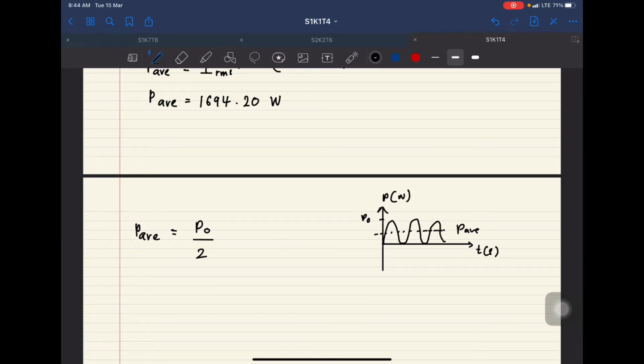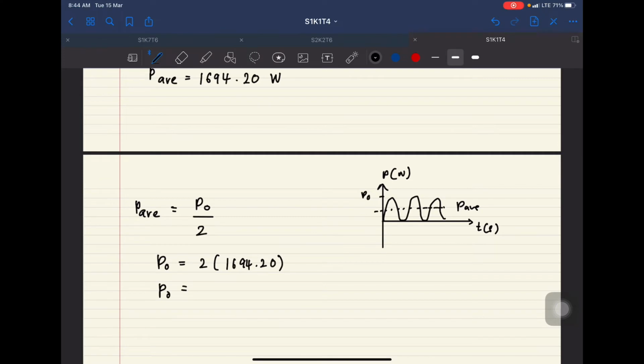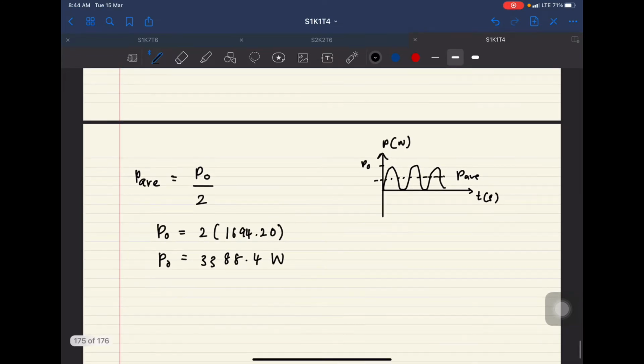So P naught, or the maximum power, should get P naught equals 3388.4 watt. Okay, so this is your maximum power.